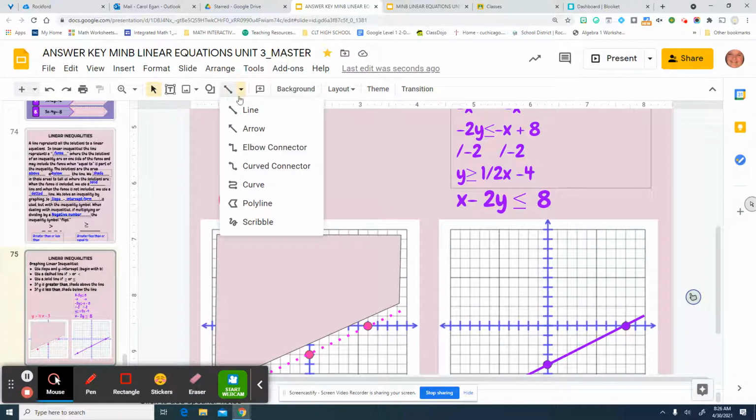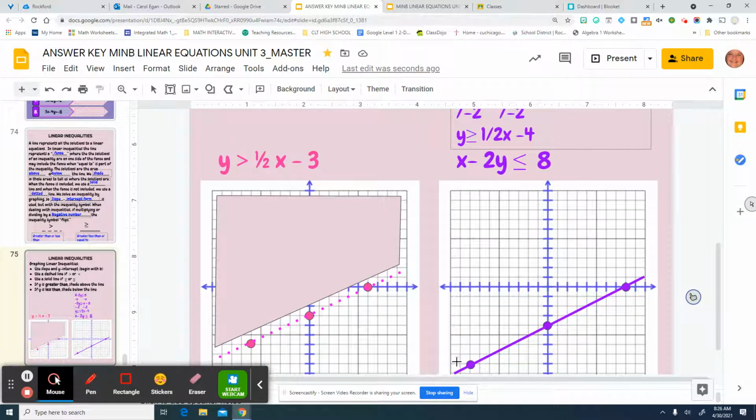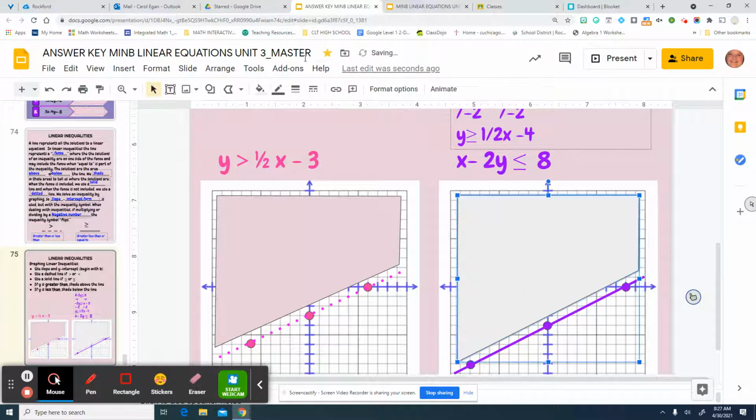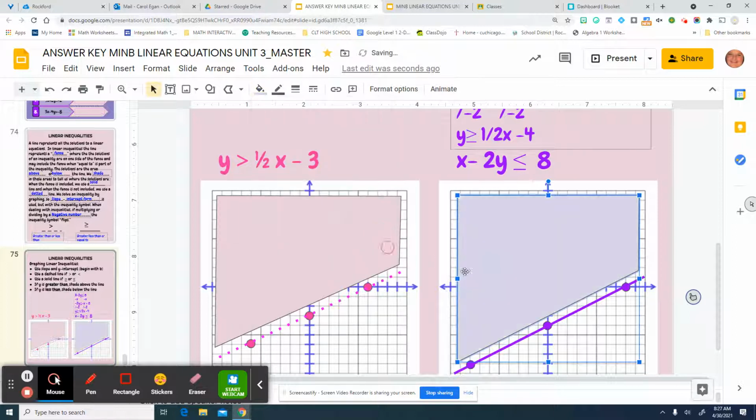So I go back and change my type of line to a polyline. Remember, hold down the thing, then you let it go, then it allows you to move direction. And I'm going to change that to a light purple.